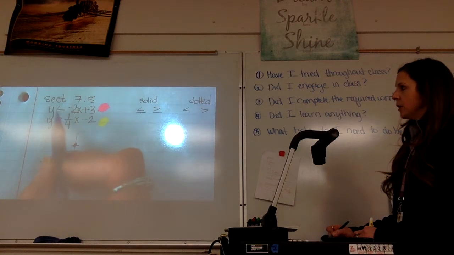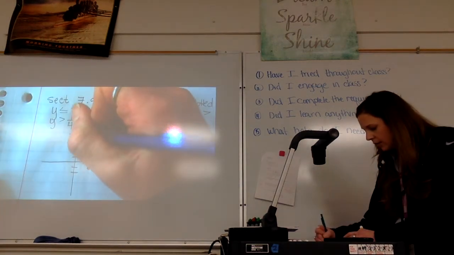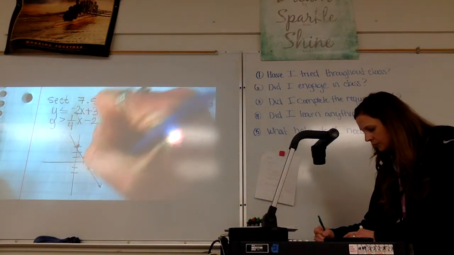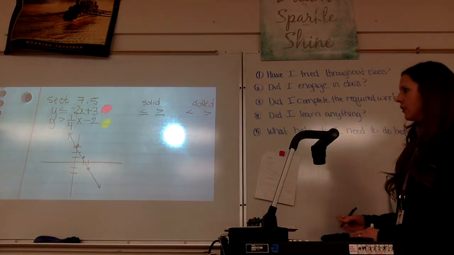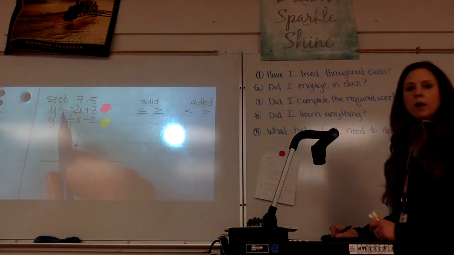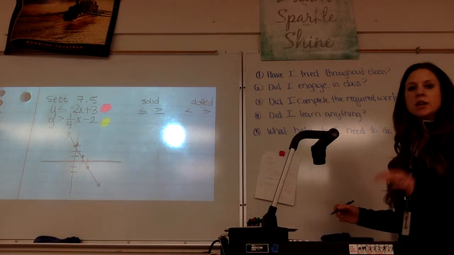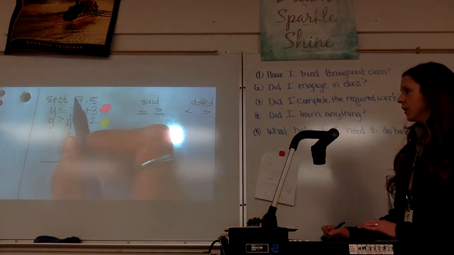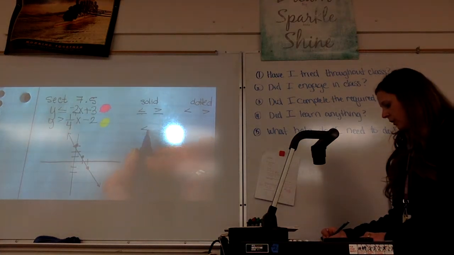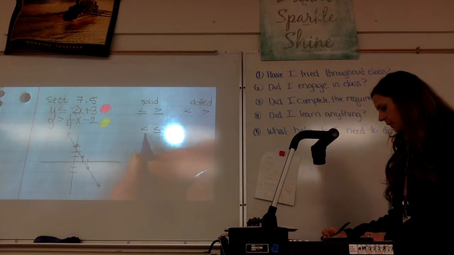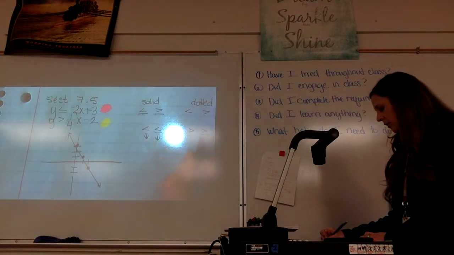So for our cases up here, this first one, the pink one, is solid. And then the other question you want to ask yourself is, do I shade up, or do I shade down? And if you need a reminder, less than means down, and greater than means up.